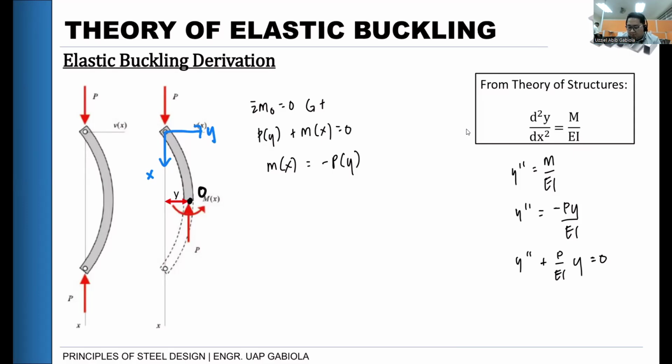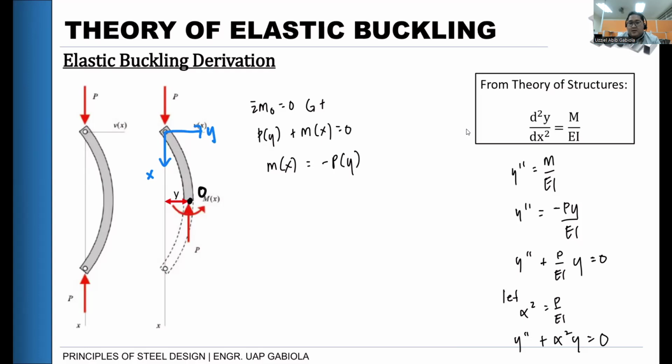And then if we, halimbawa, let a certain number, alpha squared, is equals to P over EI, magiging equation natin is y double prime plus alpha squared y is equals to 0. So itong differential equation na to, this represents yung deflection o yung buckle shape ng column natin.